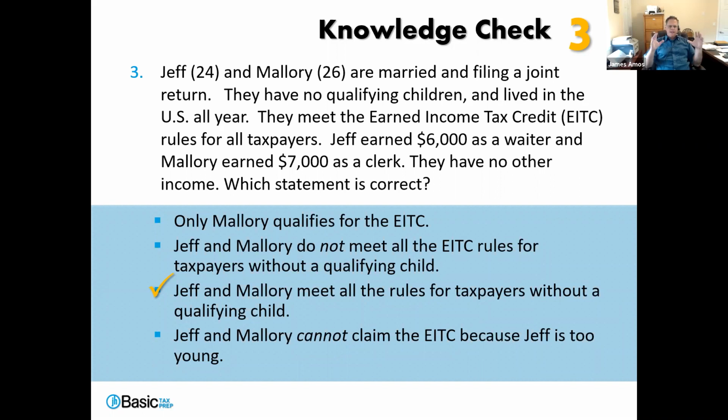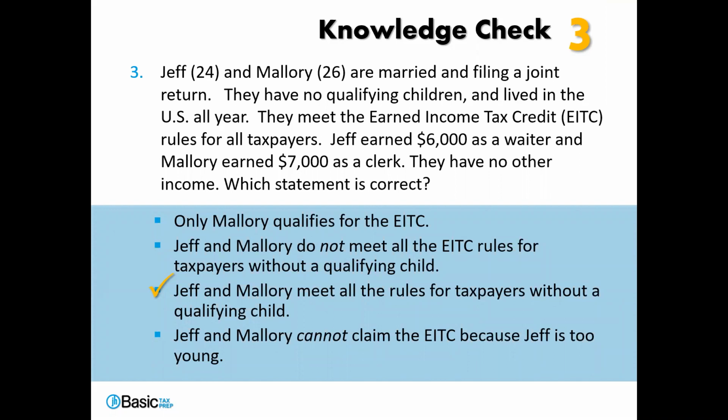So here's the thing. You can claim earned income credit if you have a child, or if you don't have a child, if you're between what ages? 25 and 65. That's right. If you're between 25 and 65 and you're married, what's the rule? Either spouse.